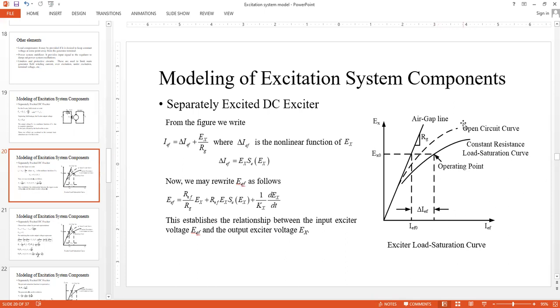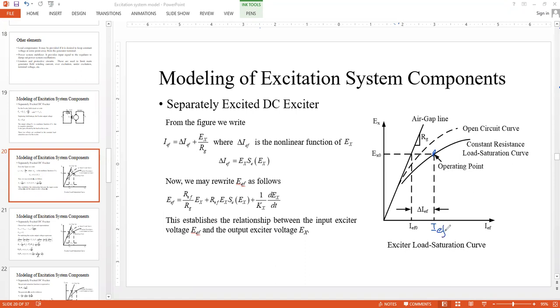Let's say we get this point as our operating point, and this is an arbitrary value of IEF.